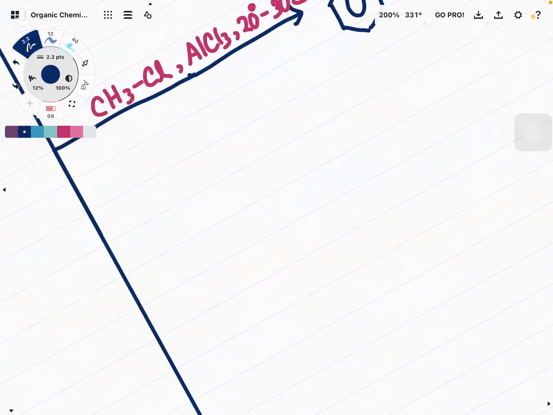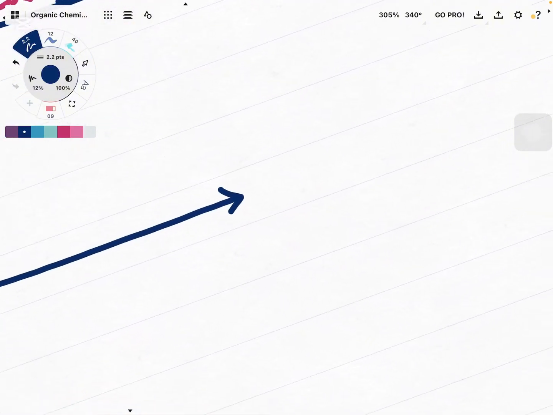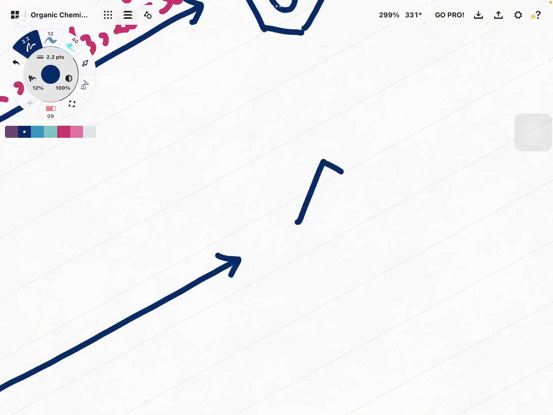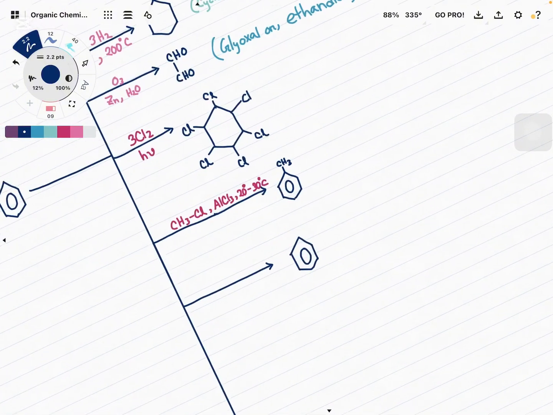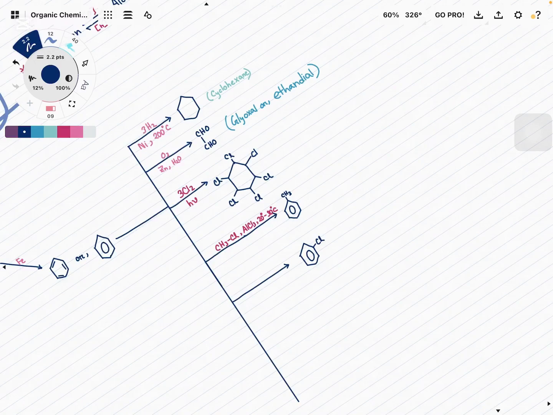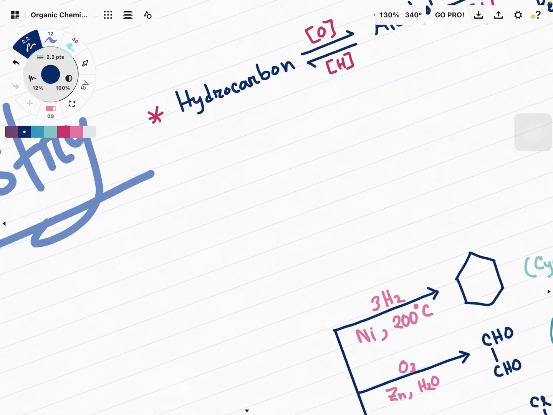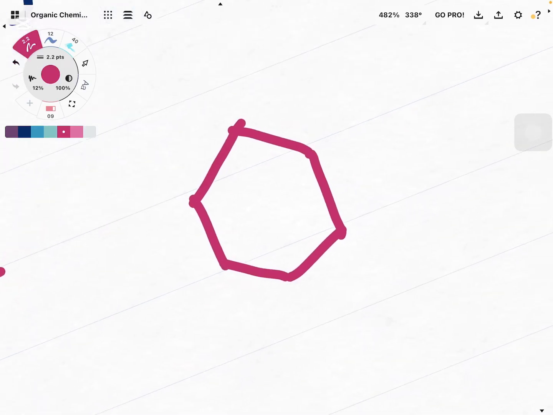Okay, so let's move to our fifth reaction, where the product will be chlorobenzene. So we need some basics here. First we will get some basics and come back to it. So another basic is that of a benzene.